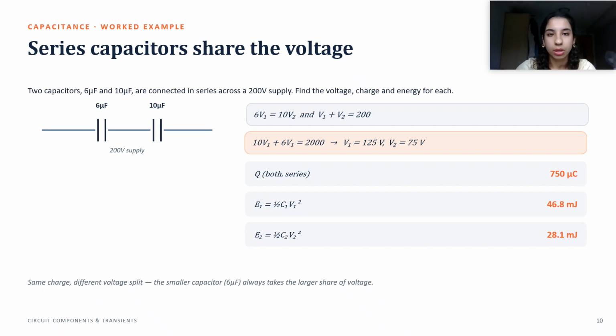Yeah. And then if you want to find the energy E1 in capacitor 1, and E2, we just use the equation that we just looked at, and we can find it. It will be in terms of millijoules.